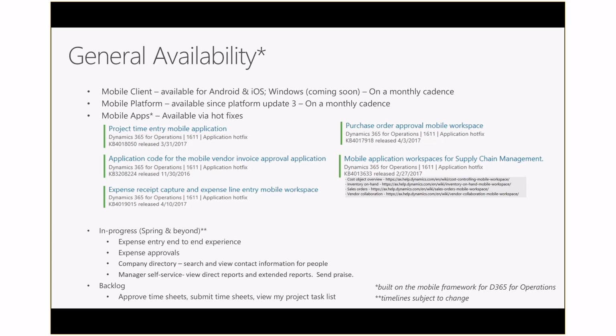So these are some of the items that we are actively working on. Whereas from a backlog perspective, things that we want to get started soon once we are done with the backlog are items like approving timesheets, submitting timesheets, and viewing my project task list from the work breakdown structure in AX.